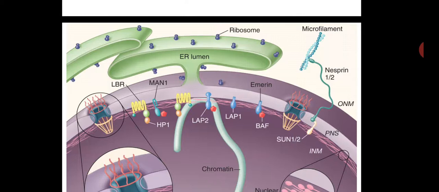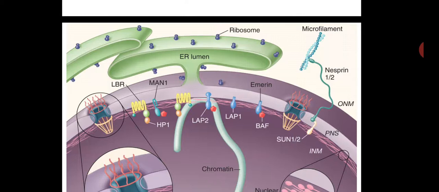So what kind of proteins can be imported into the nucleus? There must be some signal. At the C terminal of the protein, it is mostly rich in positively charged amino acids like lysine and arginine.